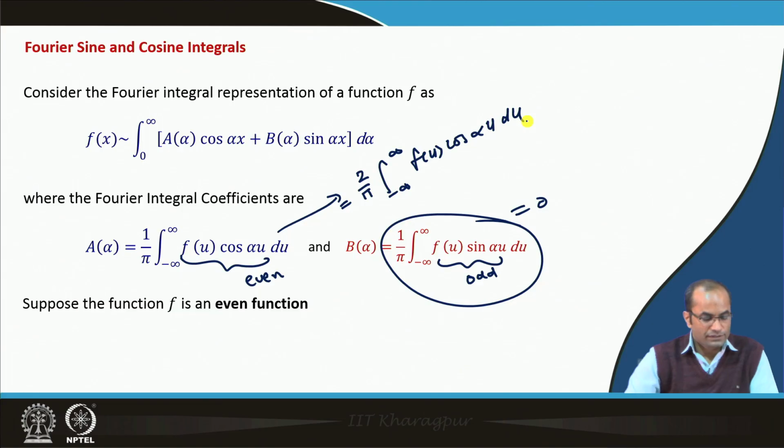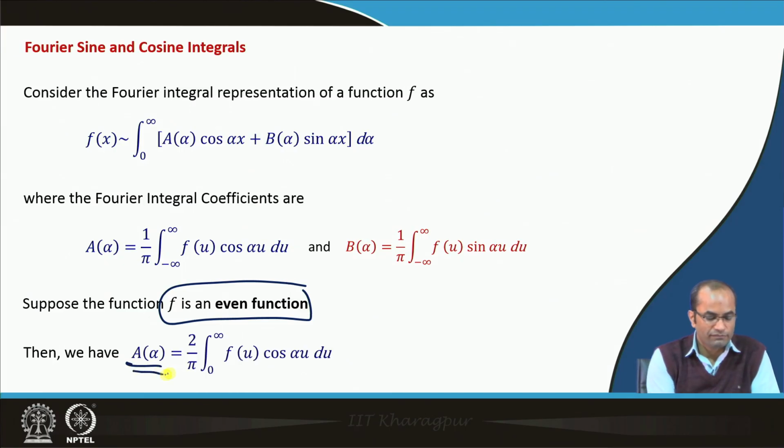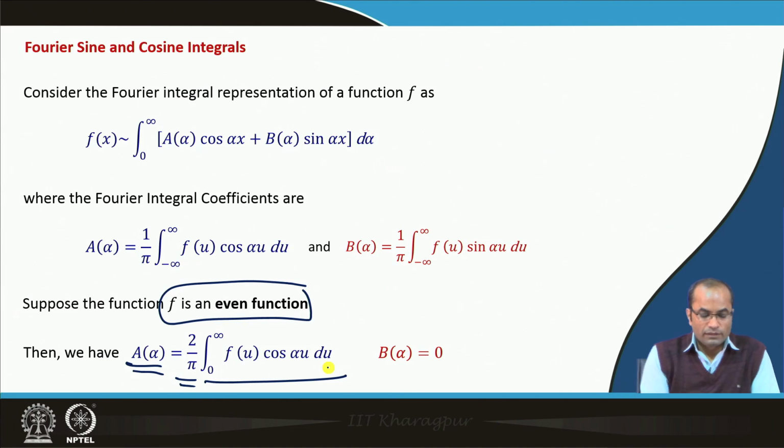With these simplifications, if f is an even function, then a(alpha) is 2 over pi times the integral, instead of minus infinity to plus infinity, from 0 to infinity of f(u) cos alpha u du, and b(alpha) will become 0.